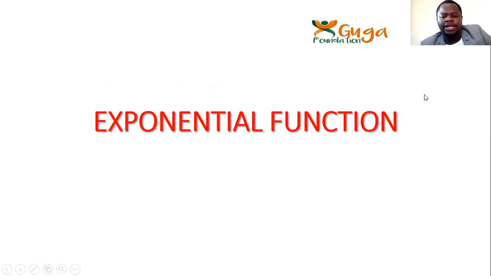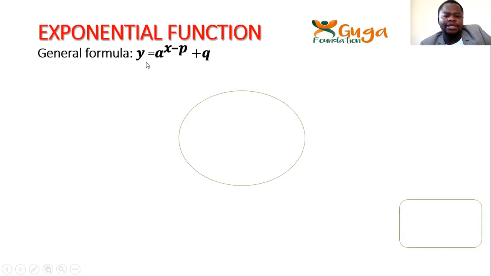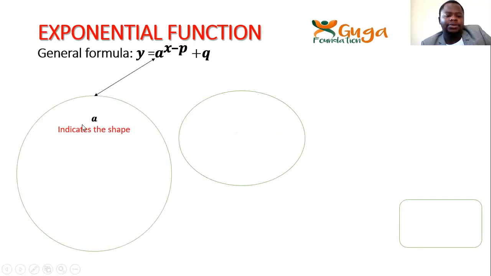Okay, now let's look at the exponential function. The general formula for the exponential function is y equals a times b to the power (x minus p) plus q. Now let's explore these properties. What is your a? Your a also indicates the shape of the graph.